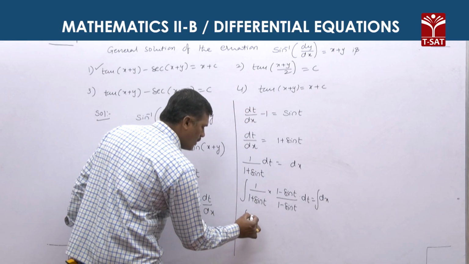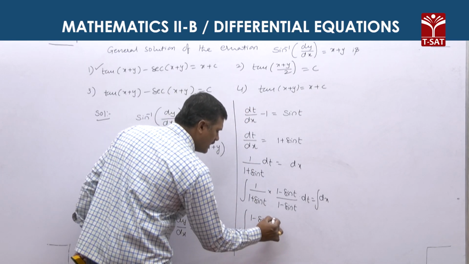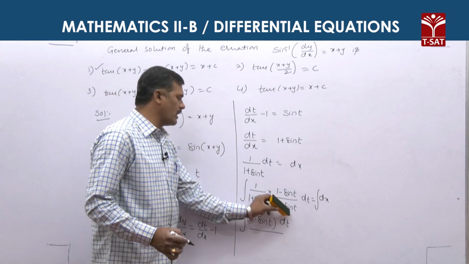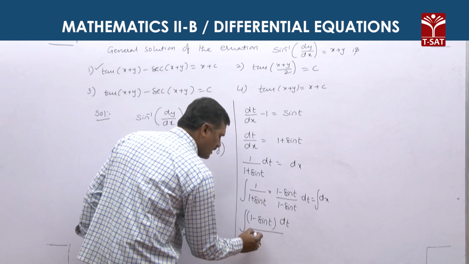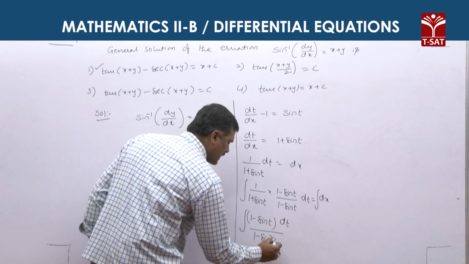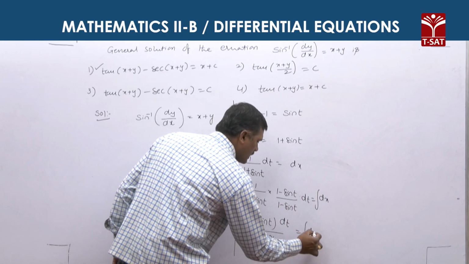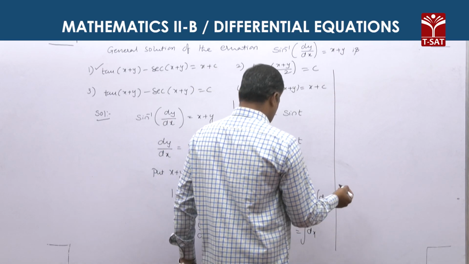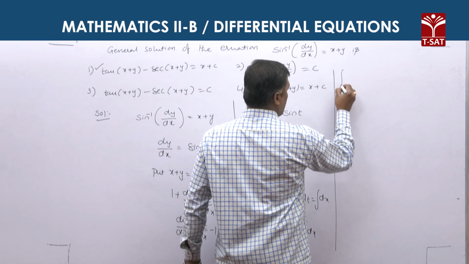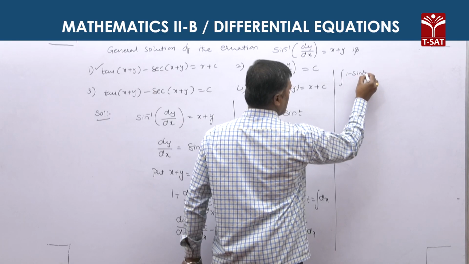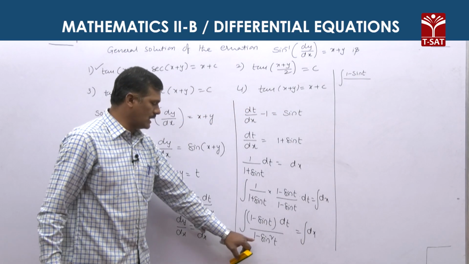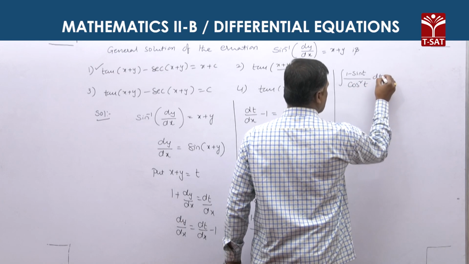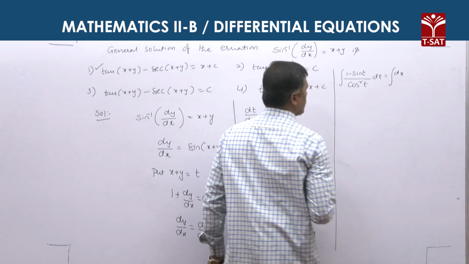Numerator is 1 minus sin t into dt, by denominator a plus b into a minus b, a square minus b square, 1 minus sin square t, is equal to integral of dx. That is integral of 1 minus sin t by 1 minus sin square t, which is cos square t, dt is equal to integral of dx.